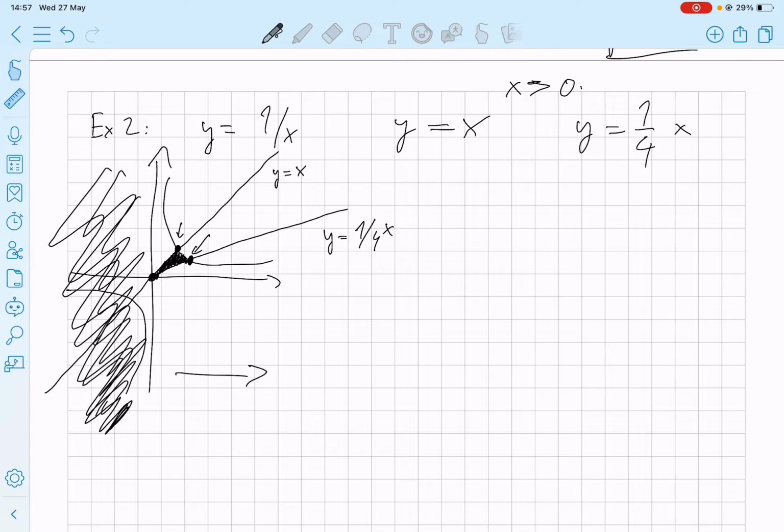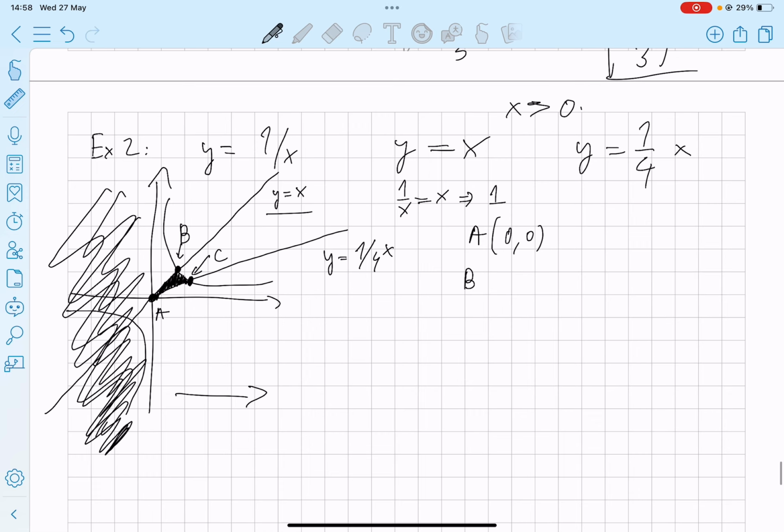So for the intersection points, let's say this is A, this is B and this is C. A is (0, 0), and B is the intersection between the function y equal to x and y equal to 1 over x. So let's make these equal to each other, and that will give us x equal to 1. So B will be (1, 1).